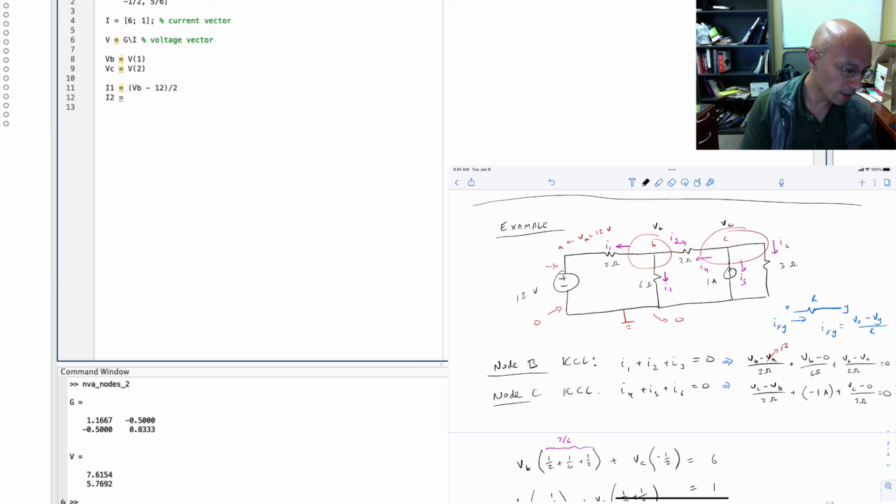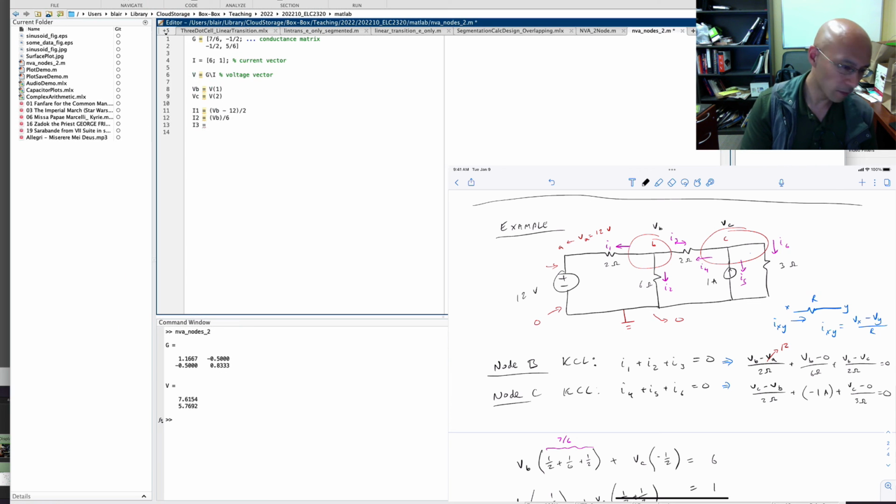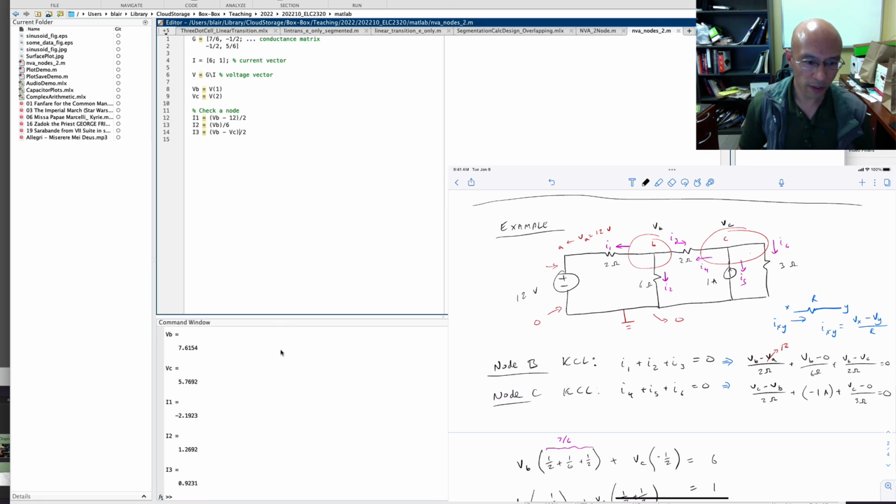I2 is VB minus 0 over 6. If I run this, it tells me the currents. I1 is negative 2 point something. I2 is 1 and some change, and I3 is 0.9 and some change.